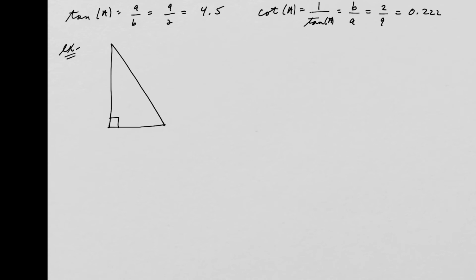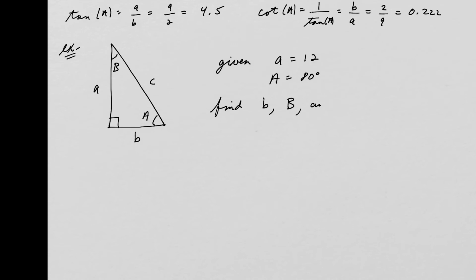This is the angle theta, this is a, this is b, c, and then let's say this is angle A, angle B. Let's say you're given the length of side a is 12, and then the angle A is 80 degrees, and you want to find everything else, right? So I want to find little b, I want to find angle B, and then little c.